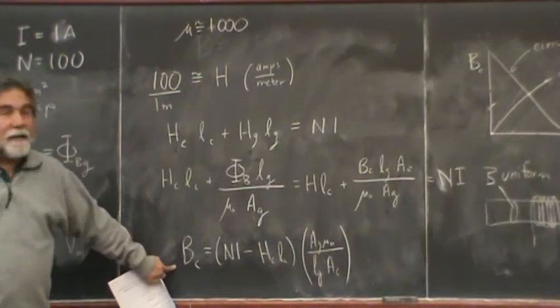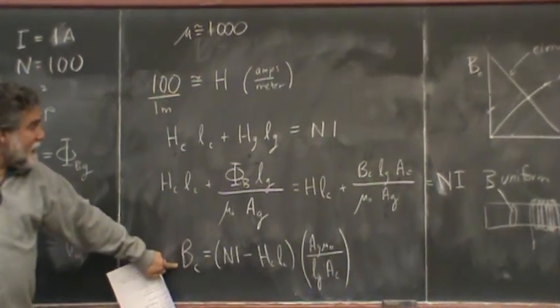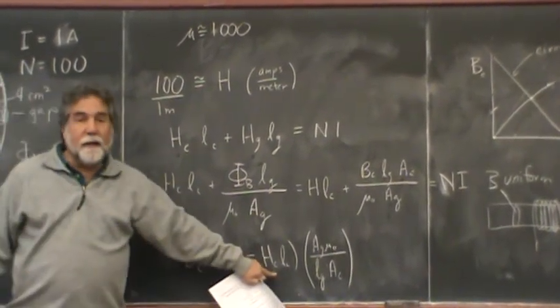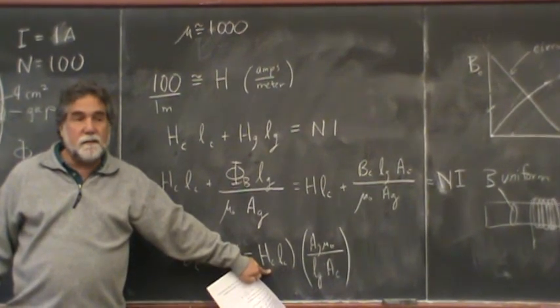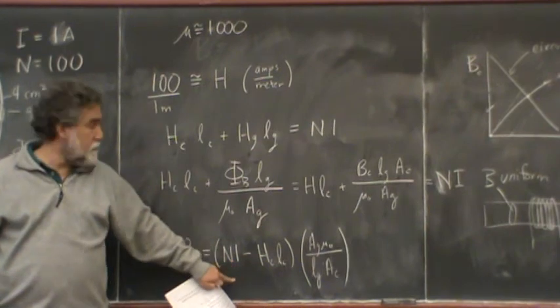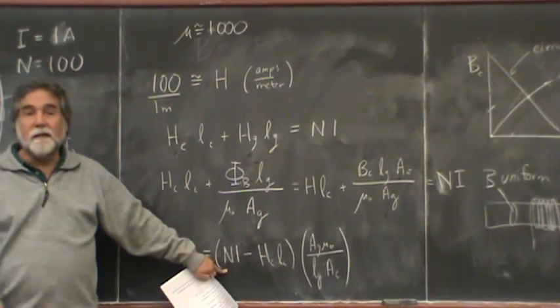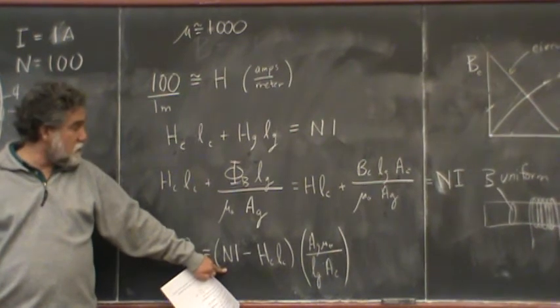That's the relationship that I'm talking about there. I've got magnetic field on one side and H on the other side. There's a minus sign in there, so it slopes down. And this forms the intercept on the 0, H axis.